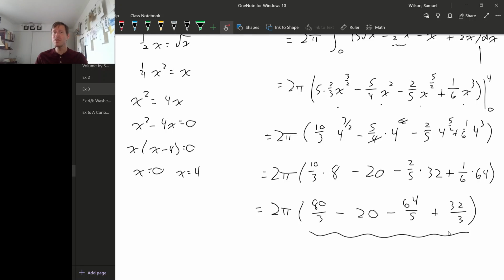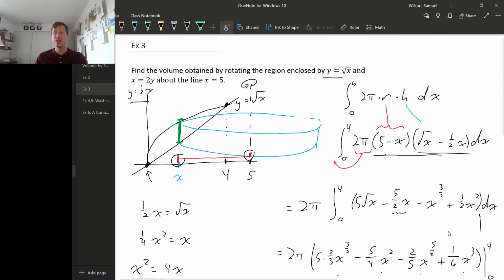So I think the important thing to keep in mind for this example is our axis of rotation was not a coordinate axis. So when we figured out the radius, we had to do this difference of x values instead of just being x, right? So if you look in a textbook at the formula for cylindrical shells, often they'll just have x instead of the radius.